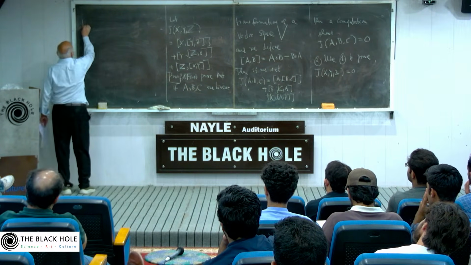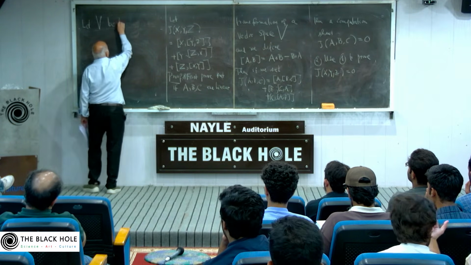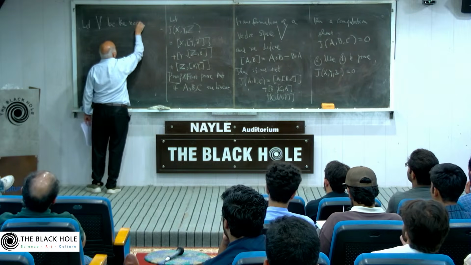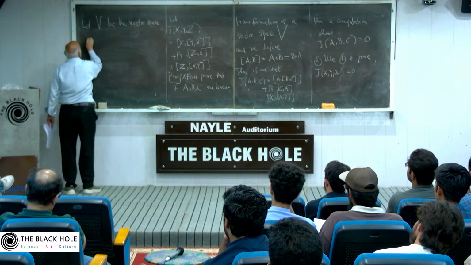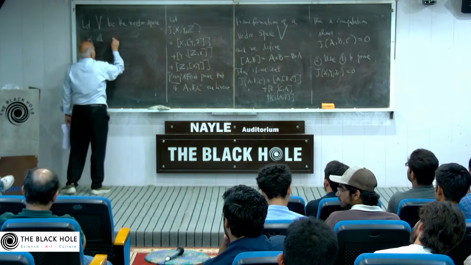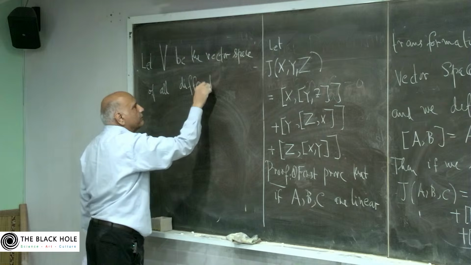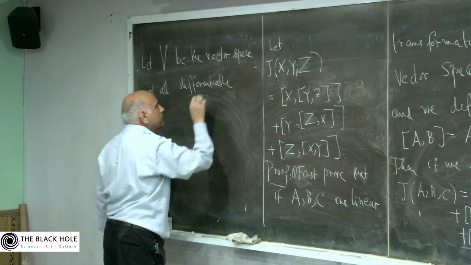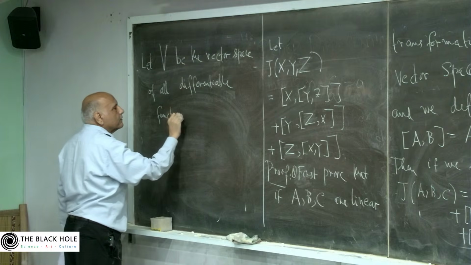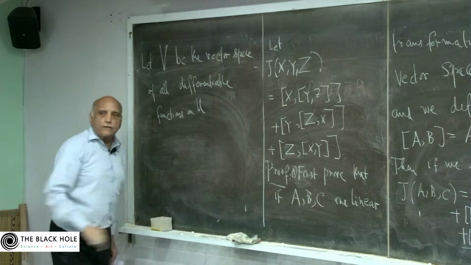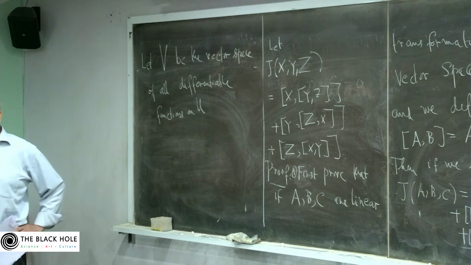Let V be the vector space of all differentiable functions on U. By differentiable functions, I mean, technically we say C infinity functions, which means you can differentiate them as much as you like.